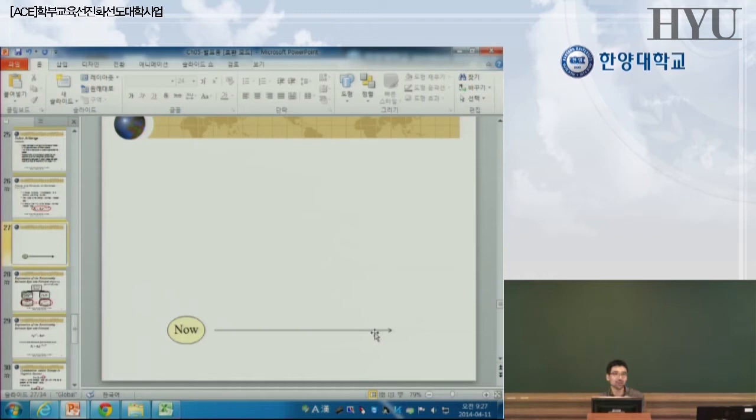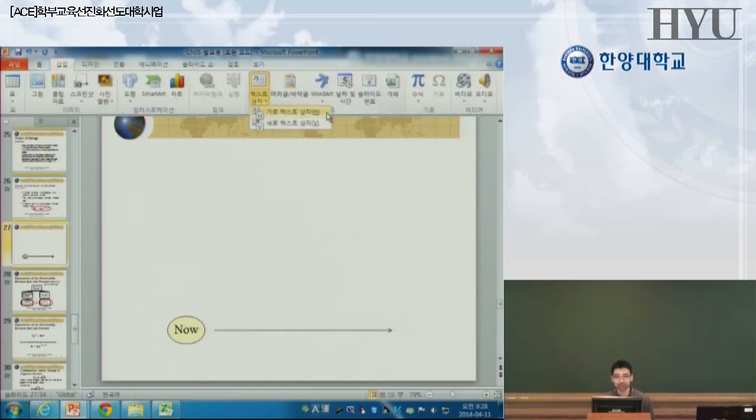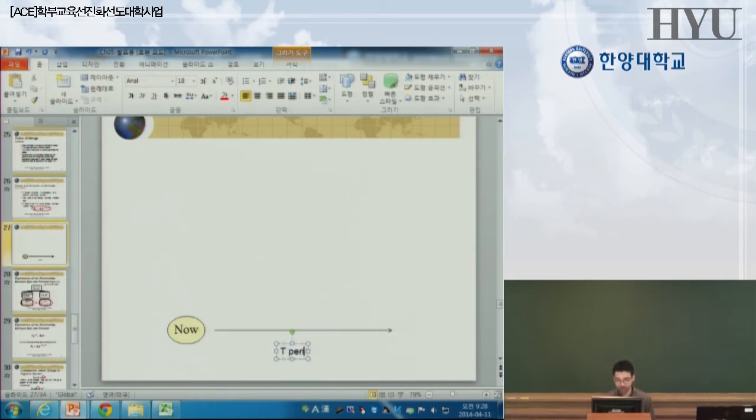Let's assume that we are using dollar. Of course, we are using one, but we have international students, so let's be global. So we are using dollar now, and we want to change this into euro T period later.